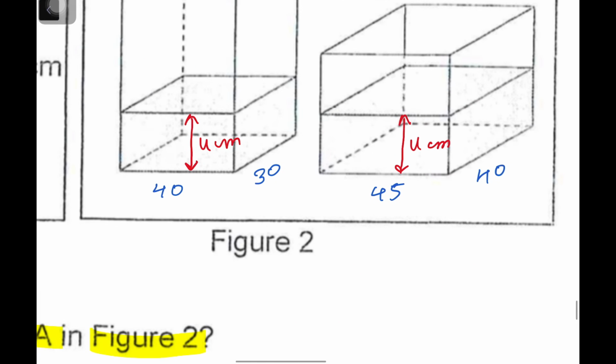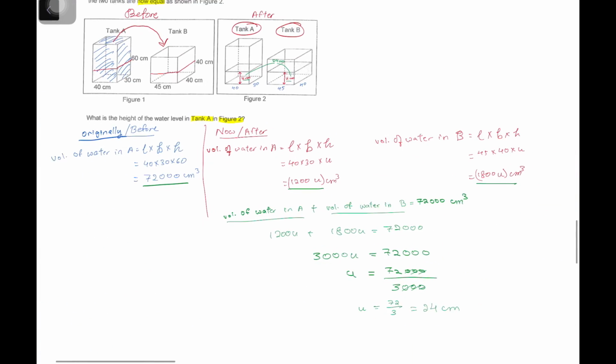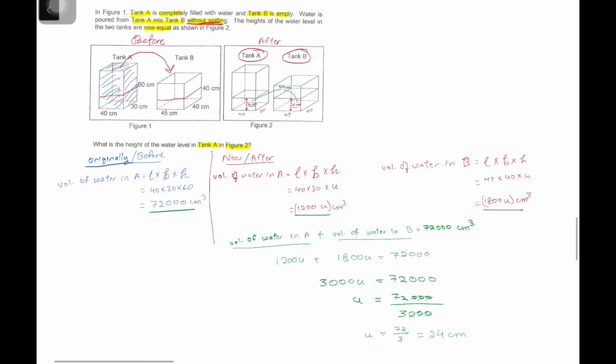So now we have U over here, and U over here. Both of them are 24 centimeters. Now that you have the value of U, which is 24 centimeters, it's a good habit to cross check and verify whether our answer is correct or wrong.